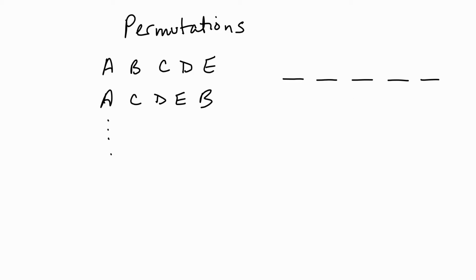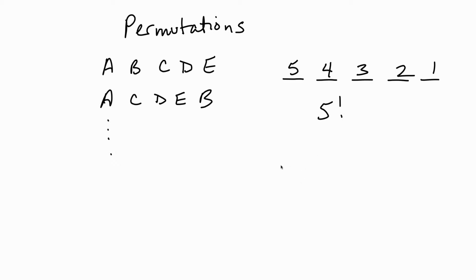You're choosing permutations from your set of variables. So when I'm choosing the first one, I've got 5 possible options. Then when I'm choosing the next slot, I've only got 4 left. And then for the third slot, I've already used 2 of these, so I have 3 left, and then I'll have 2 left, and then I'll have 1 left. So that looks an awful lot like 5 factorial.